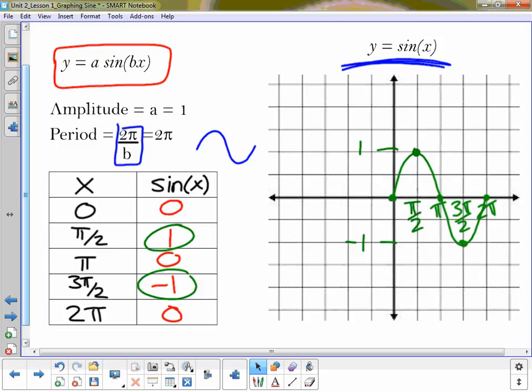When you start your practice, they're going to ask you to graph 2 periods from negative 2 pi to 2 pi. So all we have to do is follow the pattern backwards, and we can complete another period of sine.